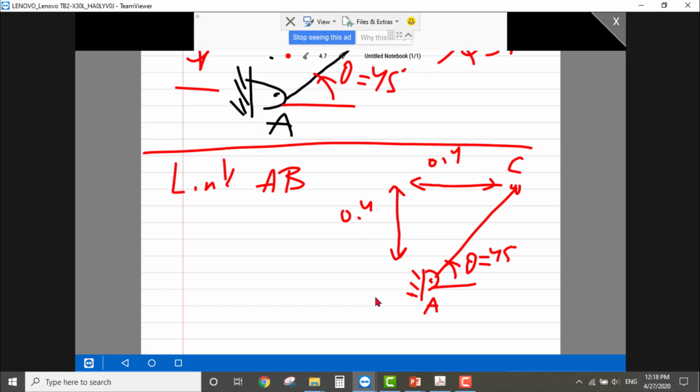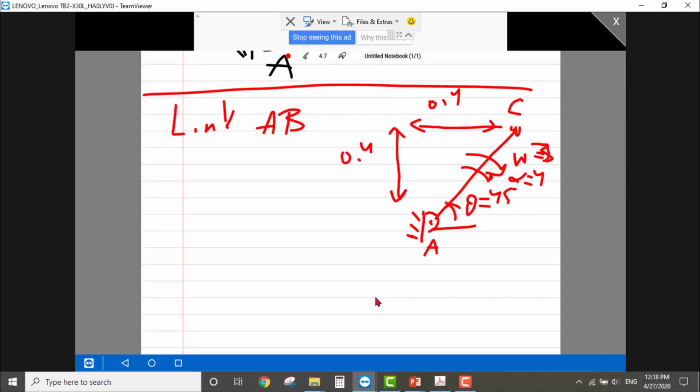What else? Alpha and omega are given. So omega is equal to 3 rad per second, and alpha is equal to 4 rad per second squared.